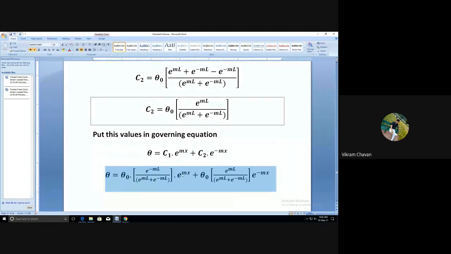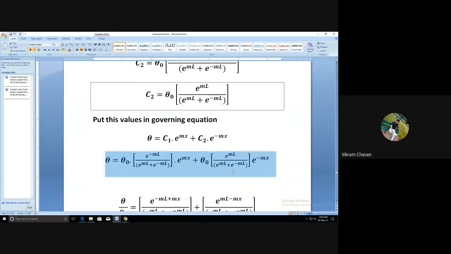If you multiply inside the bracket, the numerator multiplication will be there, and in that numerator multiplication e is the base, so e will be kept as a constant, and the addition of the rest of the factors will happen over here. In a similar fashion, in the second term also multiply e raised to minus mx inside the bracket, so multiplication of numerators will happen, the base is the same, that is e, and we have to perform the addition of the rest of the factors over here.